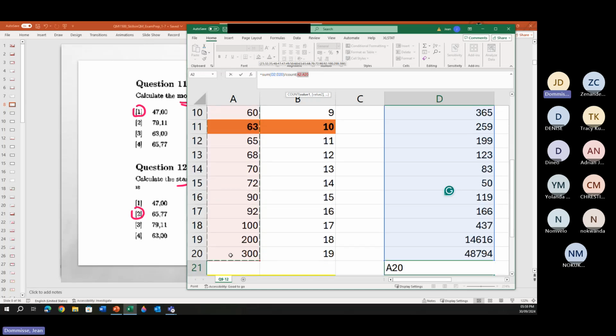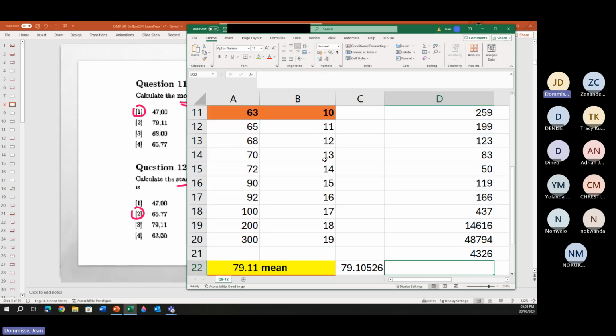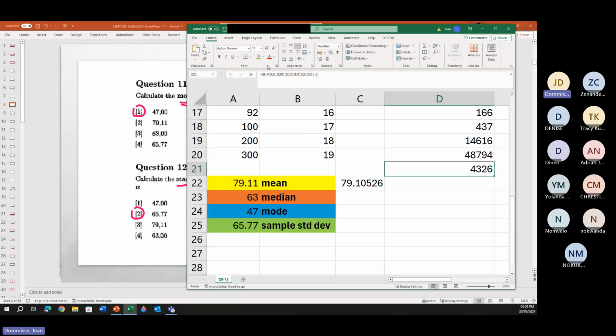So this is just way too much for nearly for you to do in a multiple choice, and then you still needed to take the square root of that.